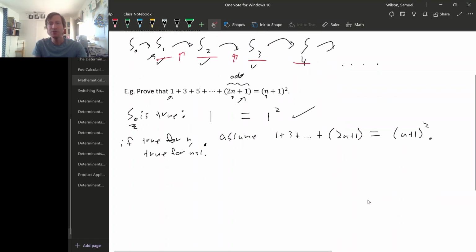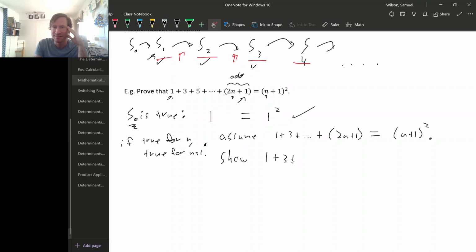Now we need to show that the statement is true for n plus 1. But what would that look like? That's 1 plus 3 plus dot dot dot up to 2n plus 1 plus the next odd. And the next odd is 2 times n plus 1 plus 1. And then on the right-hand side, we need to show that these are equal. When you plug in n plus 1, you get n plus 1 plus 1, so n plus 2, squared.